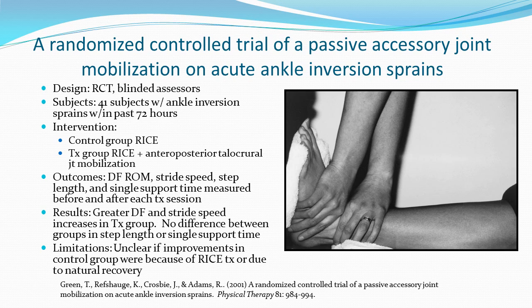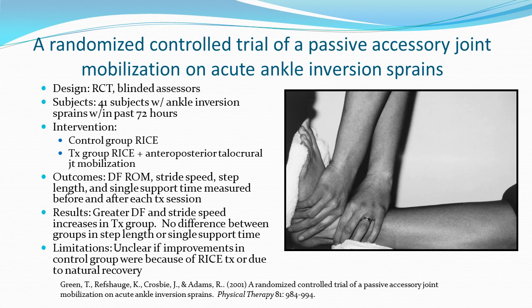So the next was a randomized control trial of passive accessory joint mobilization on acute ankle inversion sprains. This involved 41 subjects with sprains in the past 72 hours. They also demonstrated tenderness to palpation along the lateral collateral ligaments. There were two intervention groups, a control group and a treatment group.